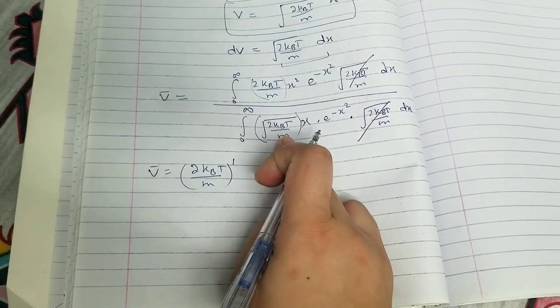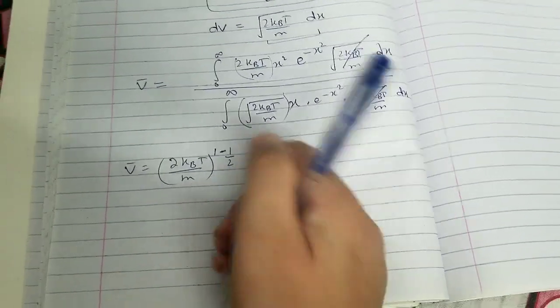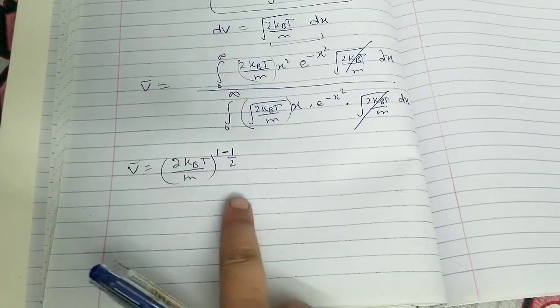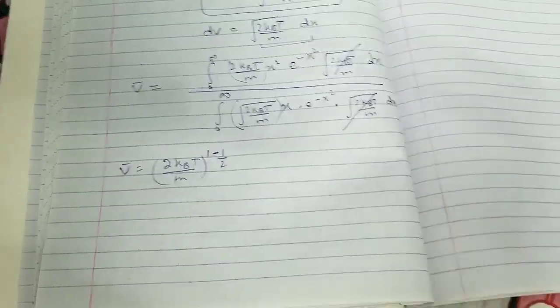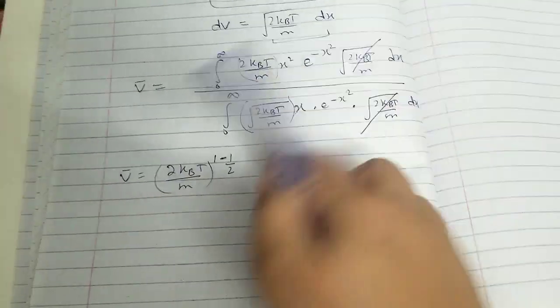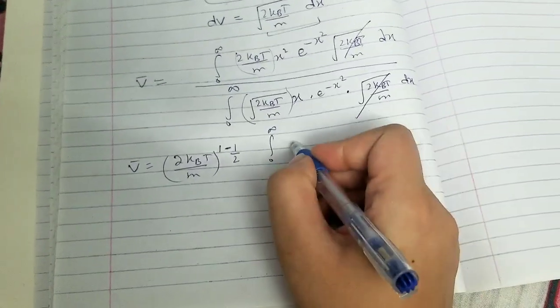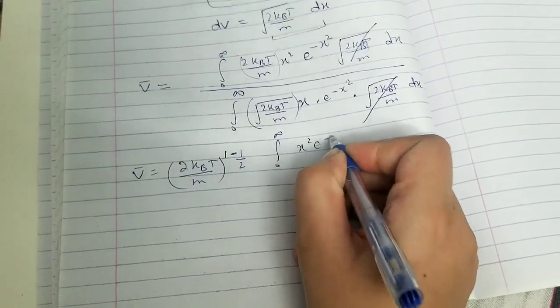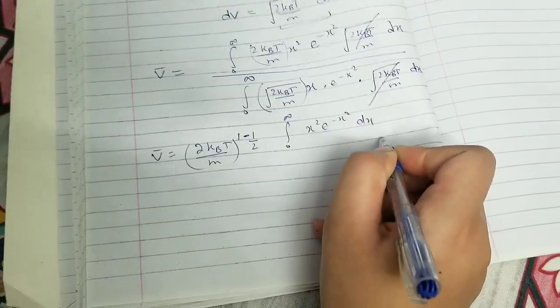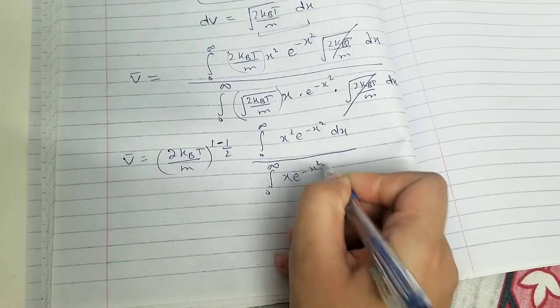If we take it in the numerator, it is negative 1 by 2. And since both of these quantities are the same, we can apply the principle of exponents: 1 minus 1 by 2, we'll subtract the powers simply. It's integral from 0 to infinity x square e to the power minus x square dx, then integral from 0 to infinity x e to the power minus x square dx.